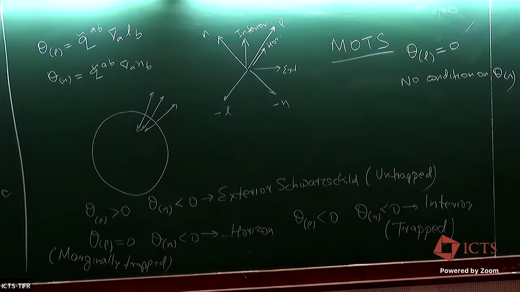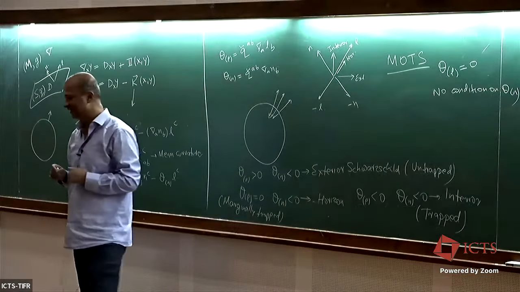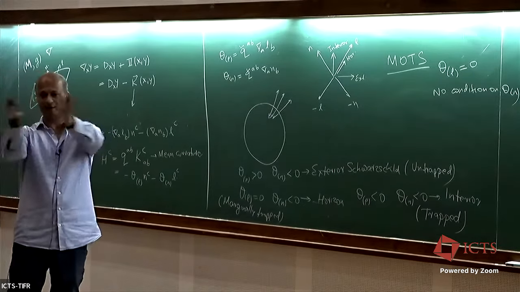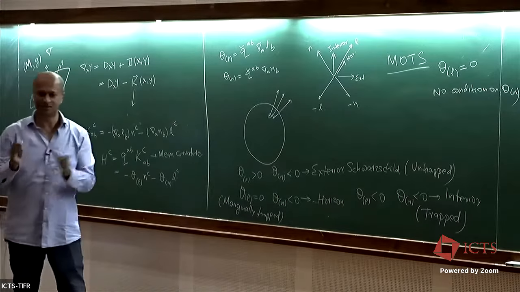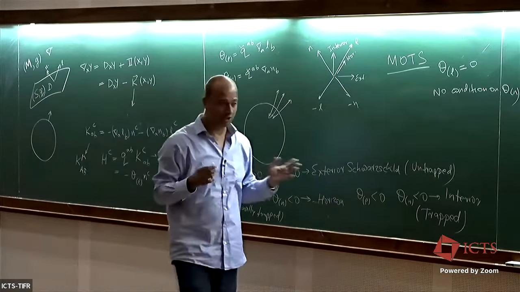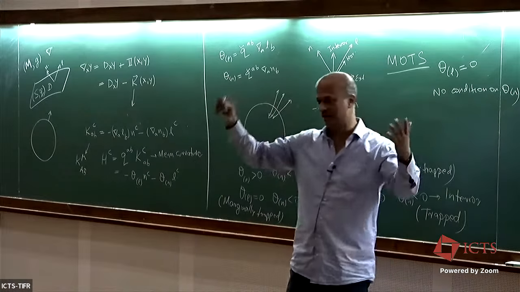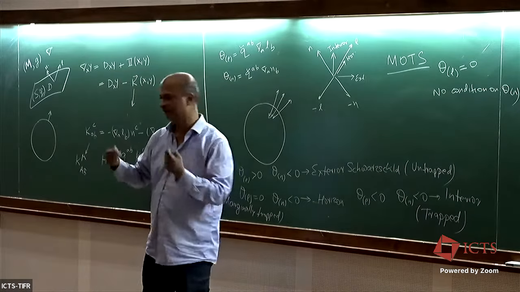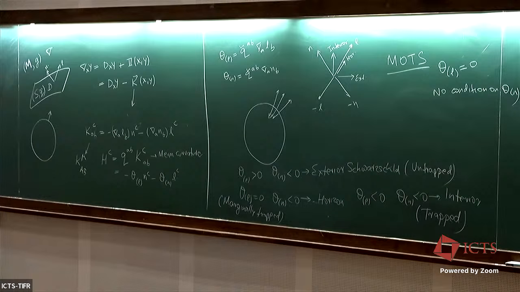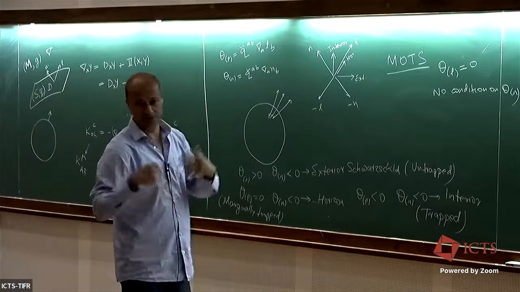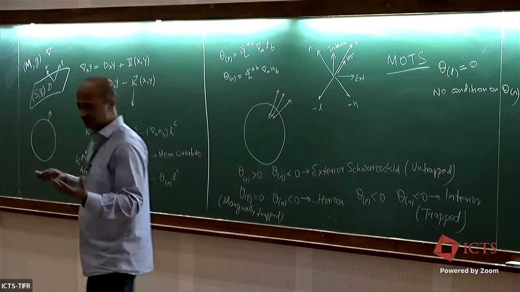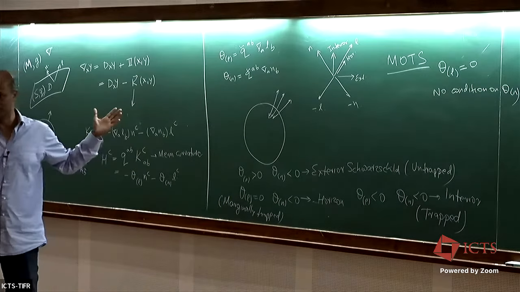So now you might take it to mean that, and often I've also been guilty of doing the same thing, which is to say that gravity is so strong that even the outgoing light rays are converging. But this is not the right way to think about this. Because, as you know, if the black hole is very large, gravity in fact can be very weak. Because the tidal forces go like m upon r cubed, so like 1 upon m squared at the surface of the black hole. So if the black hole is very, very massive, the tidal forces are very, very weak. So in fact, gravity doesn't have to be strong at all in those cases.